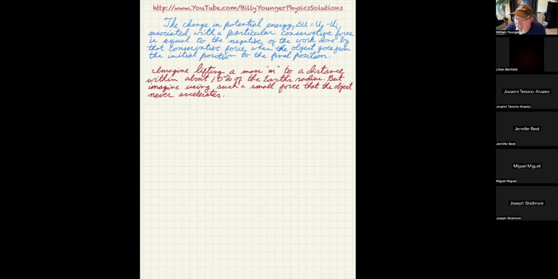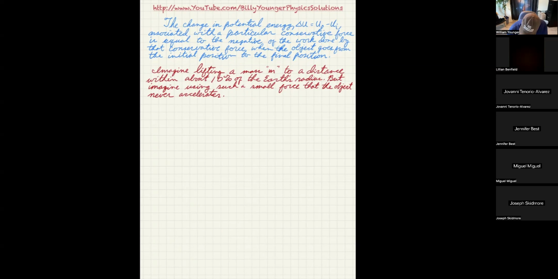So we're sort of imagining a pseudo-stationary object, one that's moving so slowly that you can picture it like I'm going to apply just enough force where the net force on it is 0, and then I'm just going to wait for some random particle or atom or dust ball or lint ball to fly by and strike the object so that it lifts up just ever so slightly, maybe by a single micrometer, and then wait a little while longer for another such event to happen, and wait a while longer until finally you get a final change in height, let's say from y1 to y2. That's the scenario we're trying to picture.